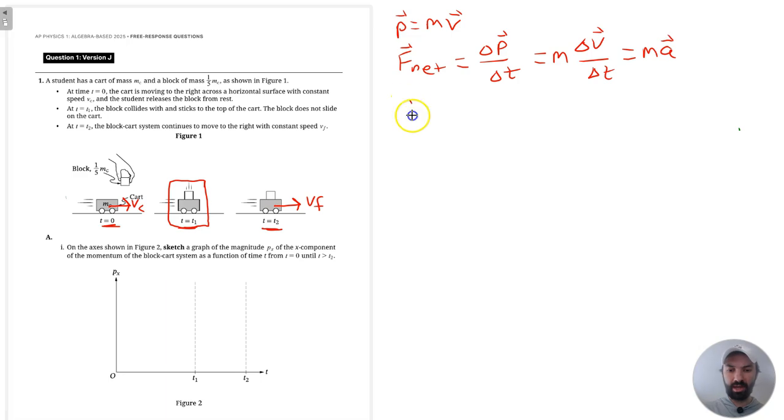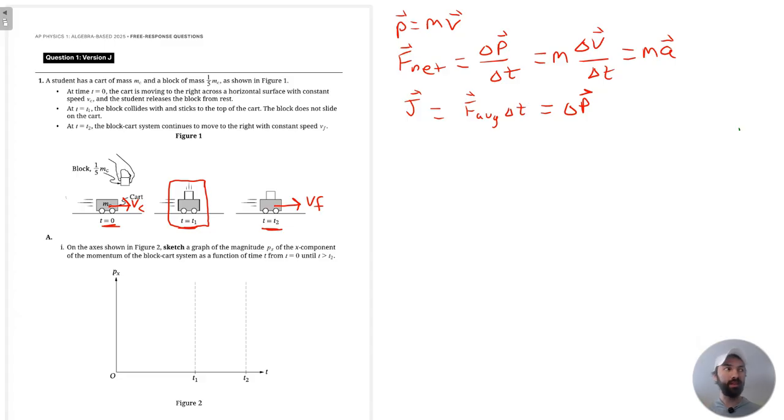Next, we are told that J, which is impulse, is when a force acts on an object for some amount of time. An impulse changes an object's momentum. So what do we see here multiple times that you might have noticed? That a force acting on an object changes an object's momentum.